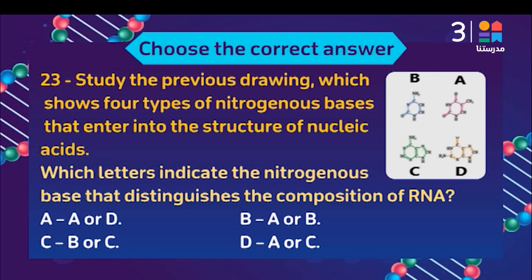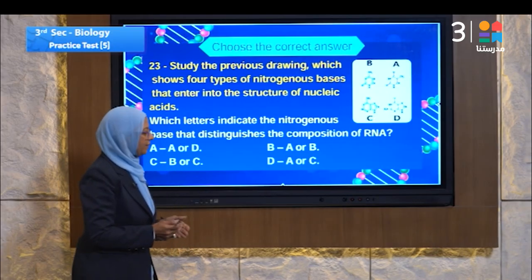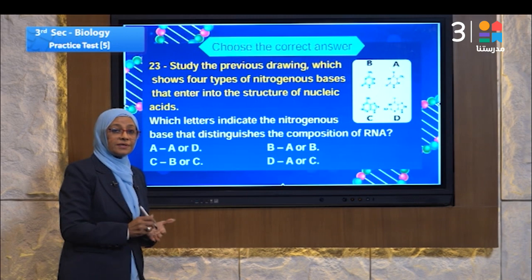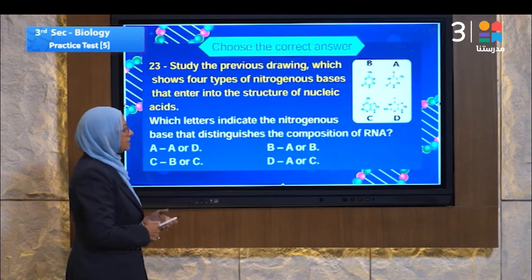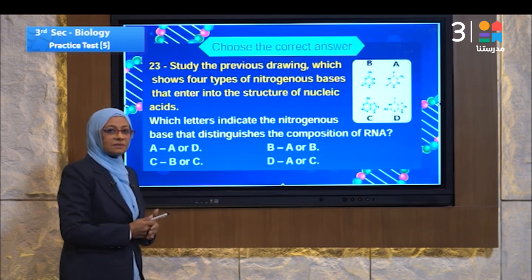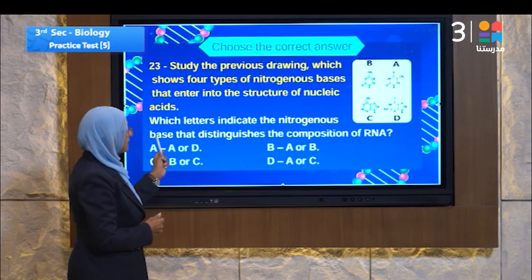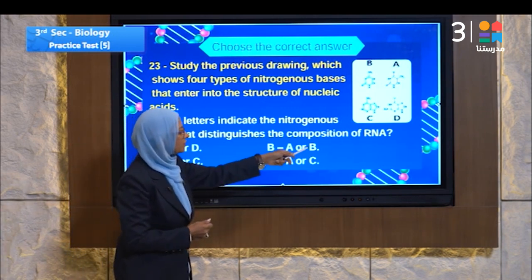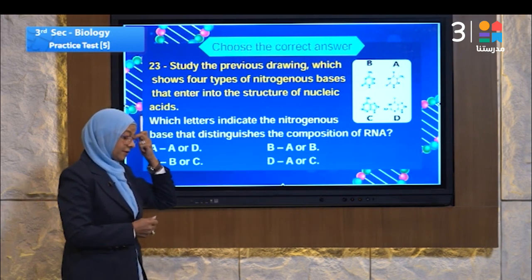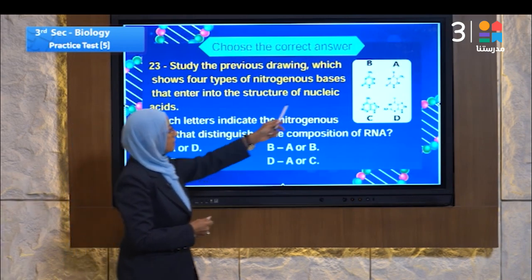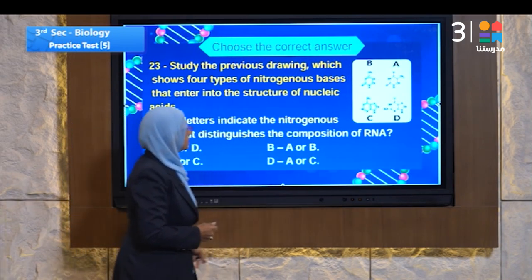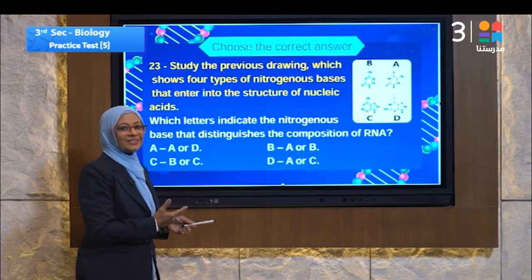Which letter indicates the nitrogenous base that distinguishes the composition of RNA? How can we distinguish between DNA and RNA? By uracil. Yes, is uracil 1 ring or 2 rings? It must be 1 ring. So we distinguish the composition of RNA from the other by 1 ring, A and B. So the answer, let's read the choices first.